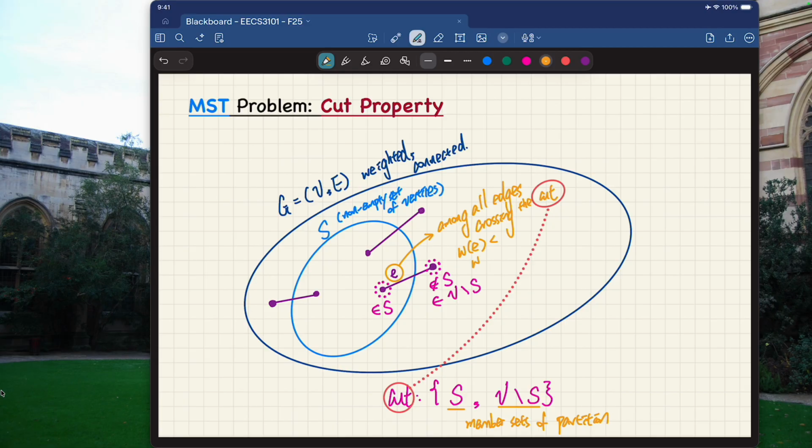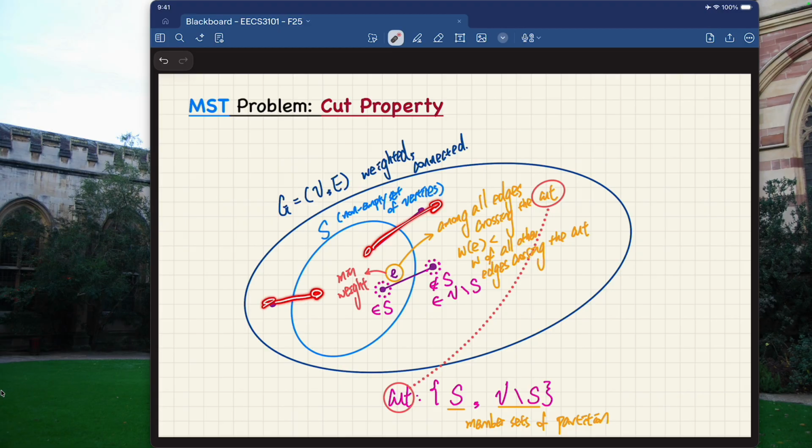The weights of all other edges crossing the cut. Basically minimum weights. Let me just write it down. So that one there has the minimum weight. We're only talking about edges that will actually cross the cut. For any edges not crossing the cut, we don't care at this point. So E happens to be the minimum.